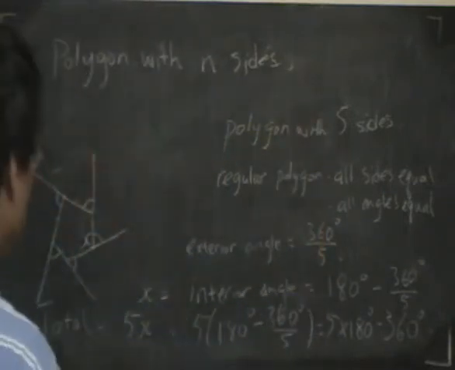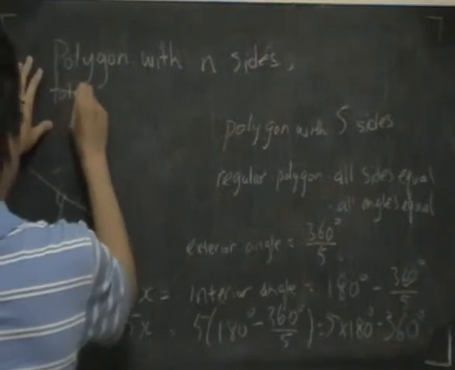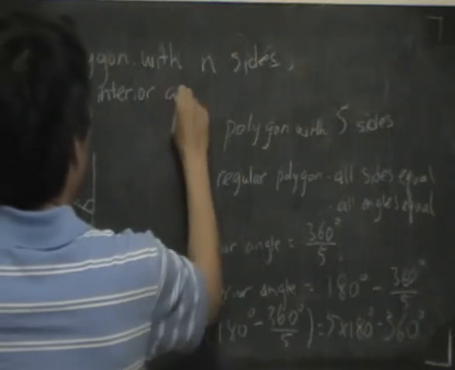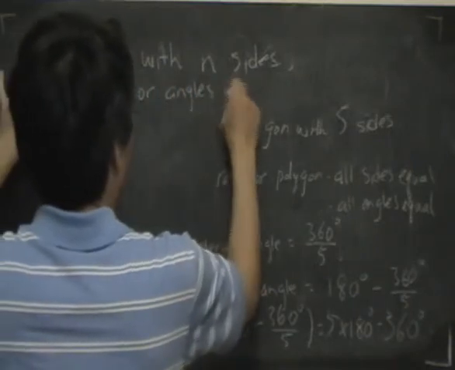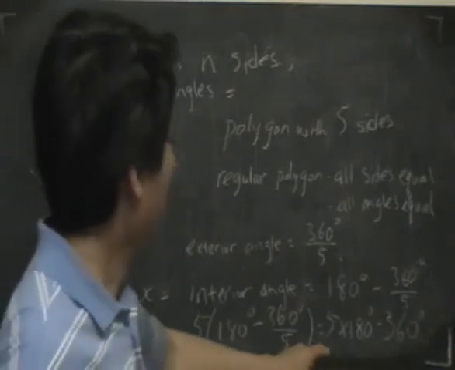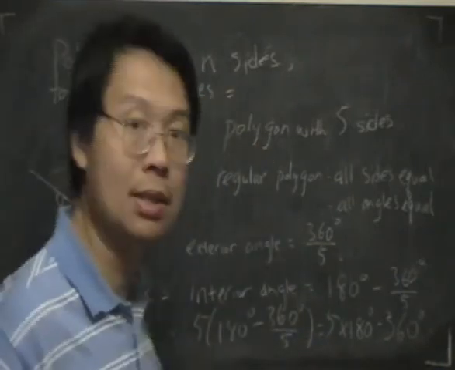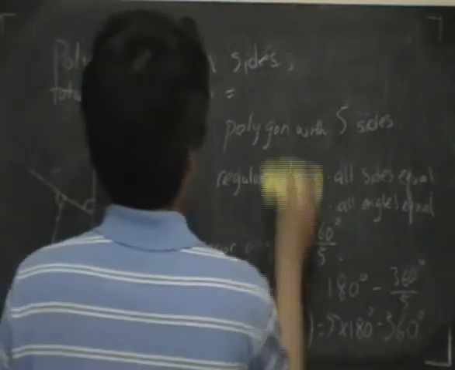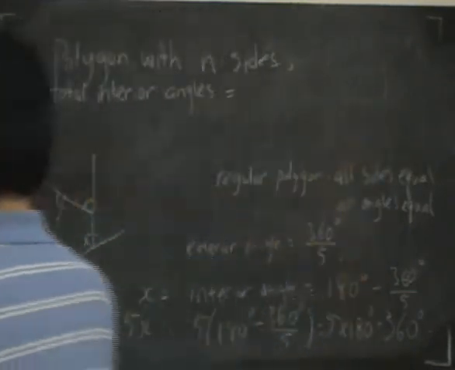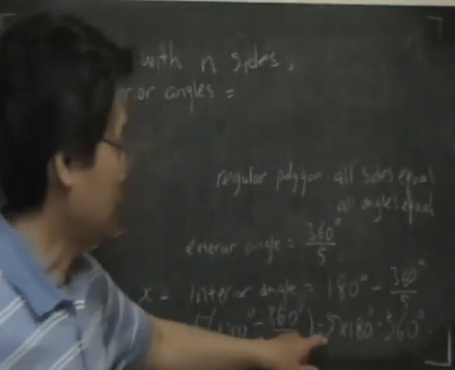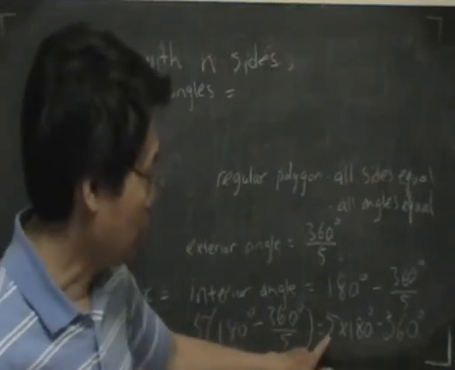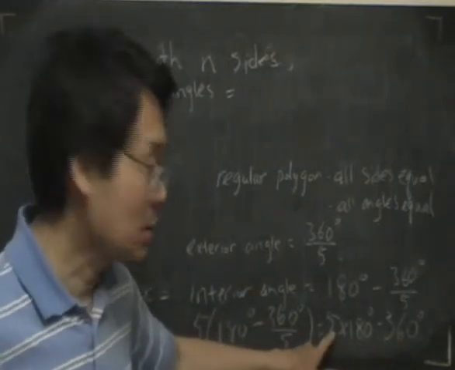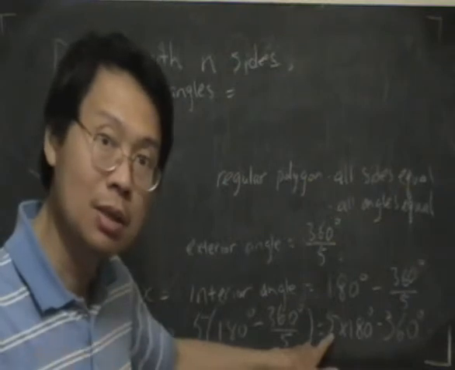the total interior angles. So instead of 5, we have n sides there. So I was saying that this expression here, 5 times 180 minus 360, if you have a different number of sides, you can just replace the 5 by the number of sides.